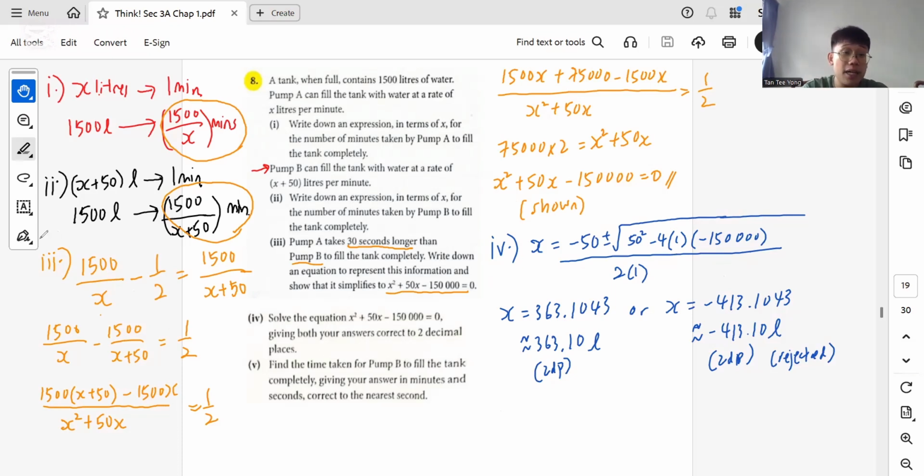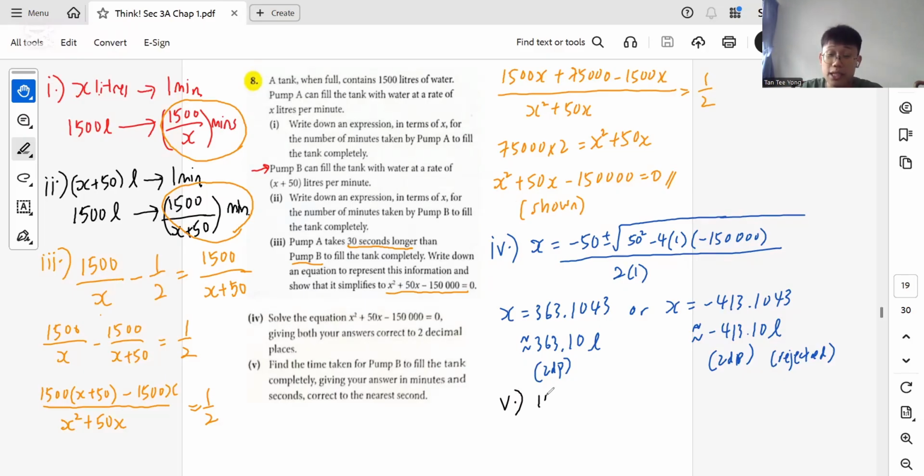Okay, next one, part 5. I don't know whether I got space. Anyway, find the time taken for pump B to fill the tank completely, giving your answers in minutes and seconds, correct to the nearest second. For pump B, it's based on part 2. This is the time taken for pump B to fill the tank.